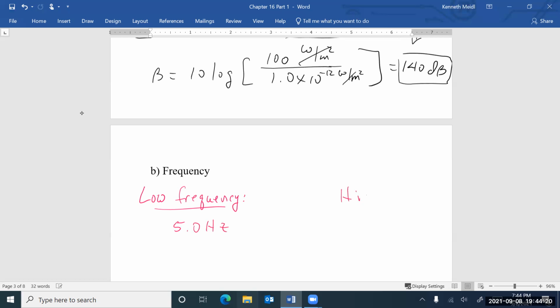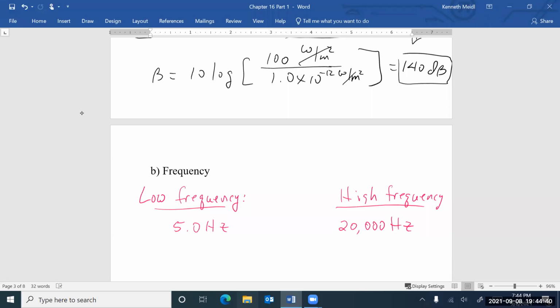And on the high frequency side, some human beings say they can perceive 20,000 hertz. So there's a big difference between the low and the high here.